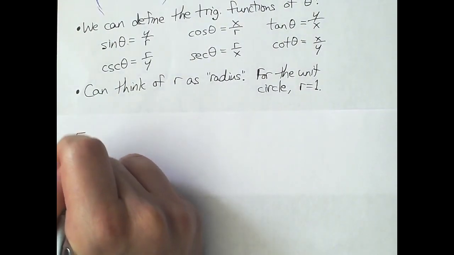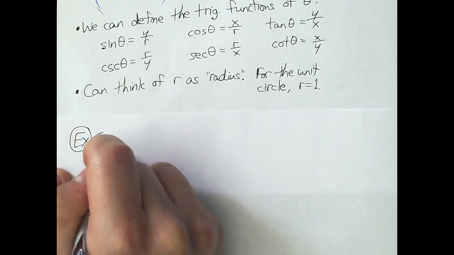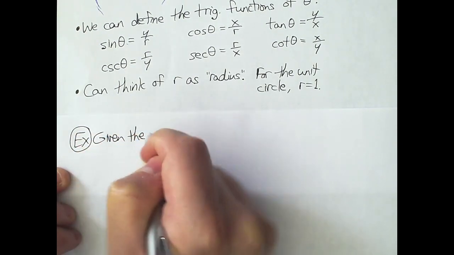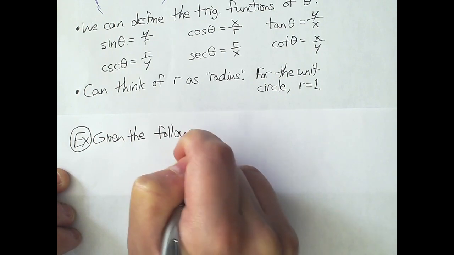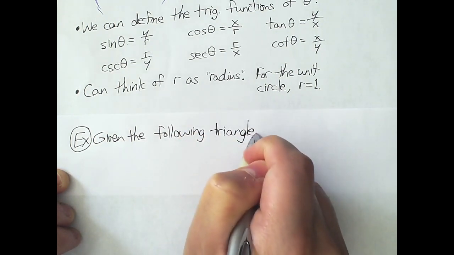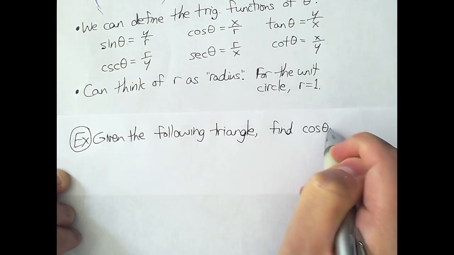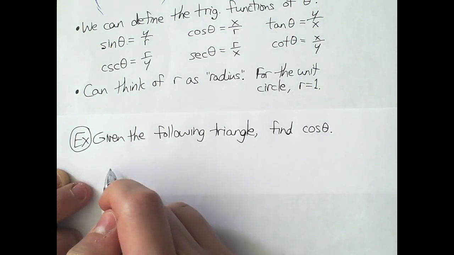All right, let's do a problem. We haven't done any problems yet, so I'll do this first one. This is going to say, given the following triangle, find cosine of theta, and it's going to give a picture of a triangle.